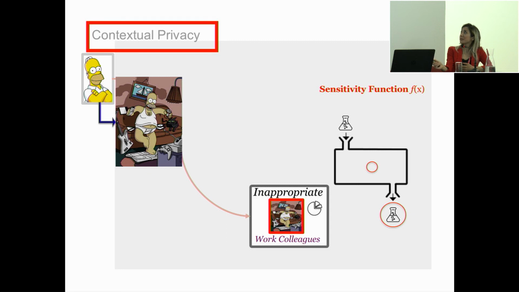And instead of asking the user to control all these unlimited number of contexts, we could use just this sensitivity function to try and indicate when the sensitivity changes in a particular context. And based on that, the user could be nudged somehow, or could be informed, like, hey, there's a dissemination of your item, and this item seems to be sensitive in this context. Would you allow this dissemination or not?